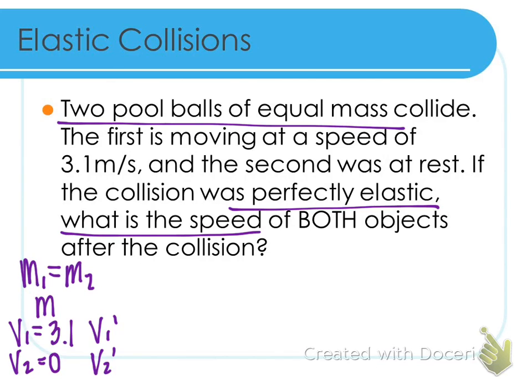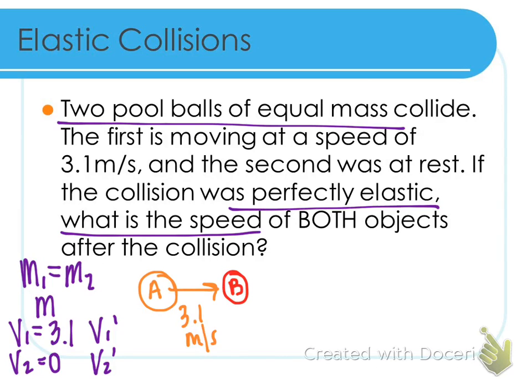What we're imagining here is pool ball A collides with pool ball B. A is moving at a speed of 3.1 meters per second. When this ball moves and collides here, there's a perfect 100% elastic collision that happens.